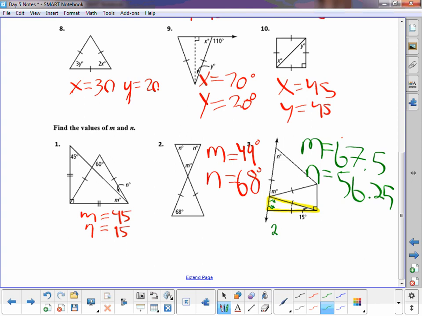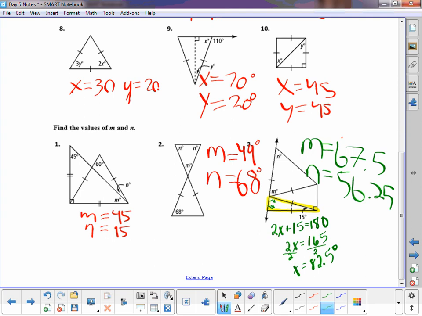So I have 2x plus 15 equals 180. So subtract my 15, I get 2x equals 165. Divide by 2. I get x equals, that doesn't divide very nicely, does it? No, 82.5. It's alright, 82.5.